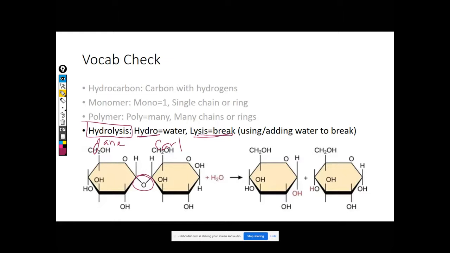Okay. So the way we're going to break them up is, as our name implies, we need to add water. So remember, water is H2O. Okay. First thing I need to do is break up Jane and Carl.